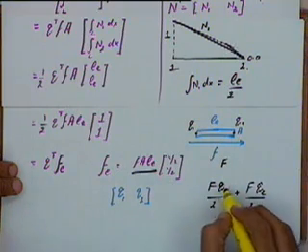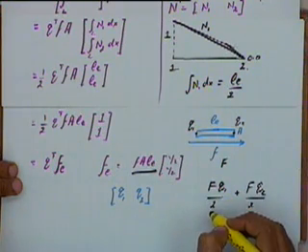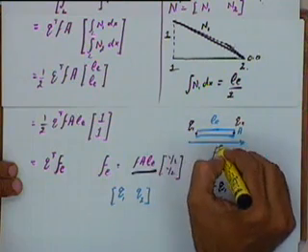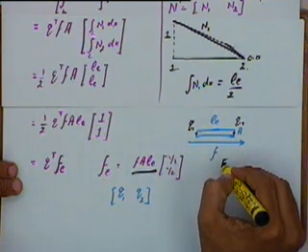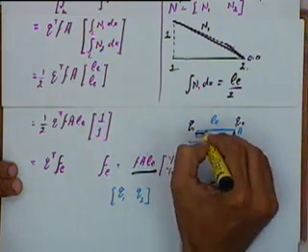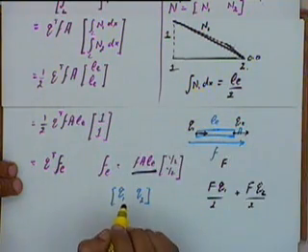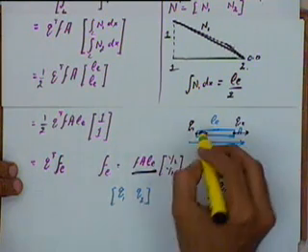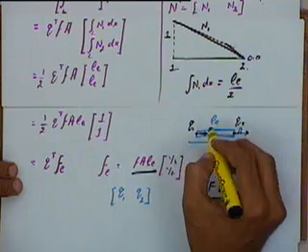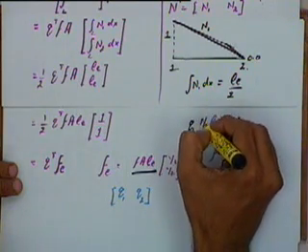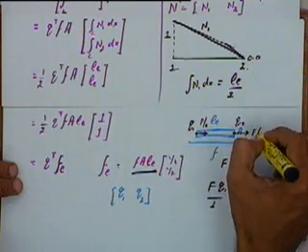So F into Q1 by 2 is nothing but, if I split this force F into two parts, one part acting over here and another part acting over here, then this force is F by 2 and this force is also F by 2.